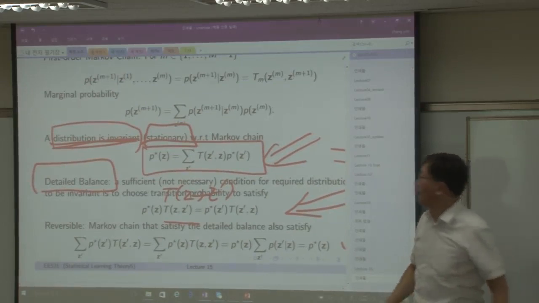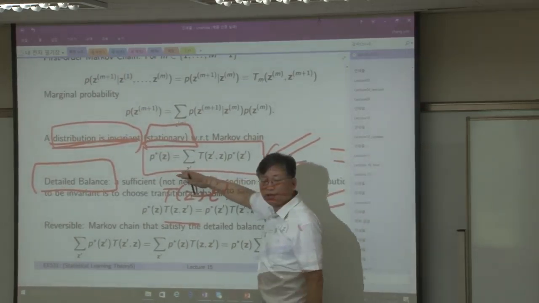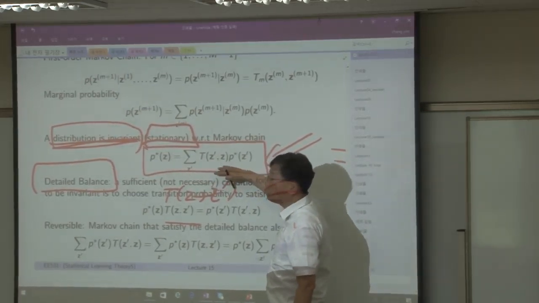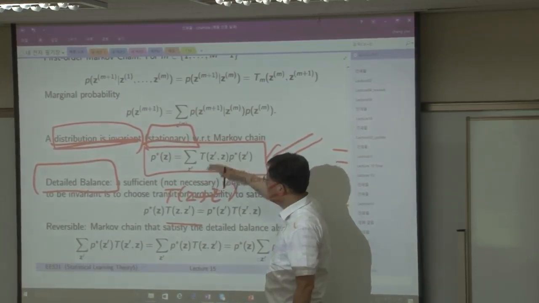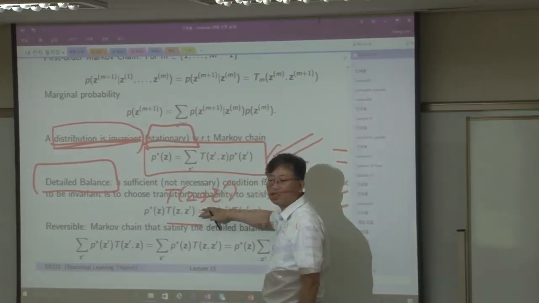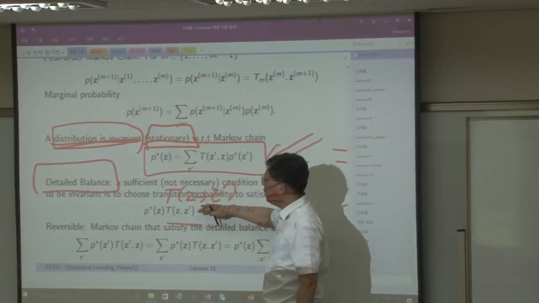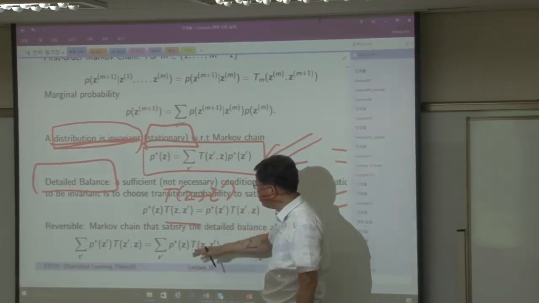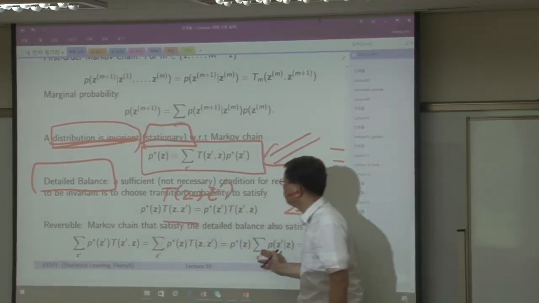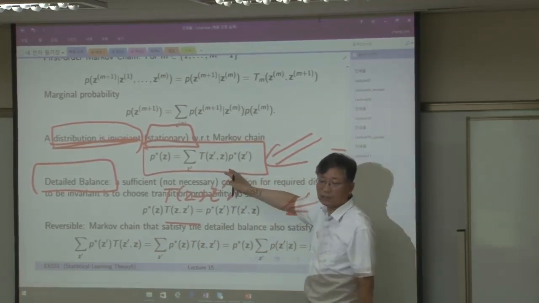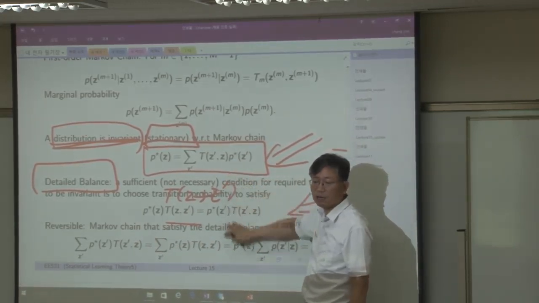In order for that to happen, you have to satisfy the detailed balance equation. And from the detailed balance equation, it's very easy to prove that this happens. Okay?